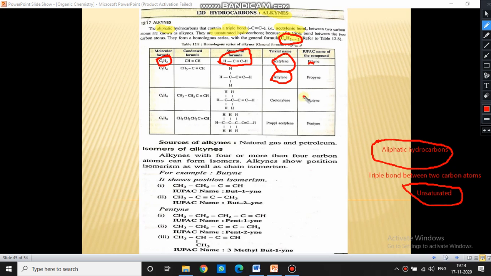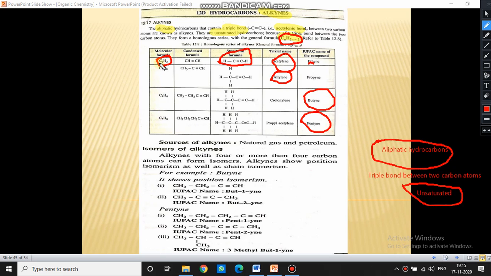Next is butyne, and it is crotonylene, and the fourth member is pentyne. So, this was the first member, the second member, the third member, and the fourth member.